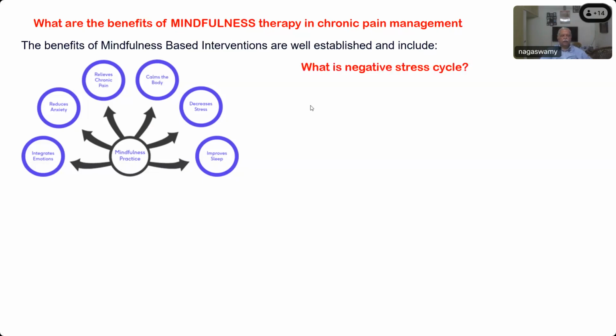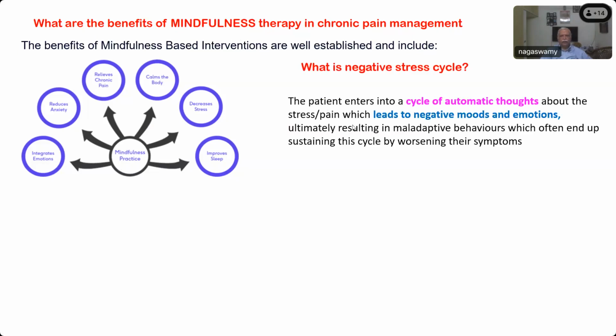And it also addresses what is called the negative stress cycle. The patients enter into a cycle of automatic thoughts about stress or pain, which leads to negative moods and emotions, ultimately resulting in maladaptive behaviors, which often end up sustaining the cycle by worsening their symptoms.